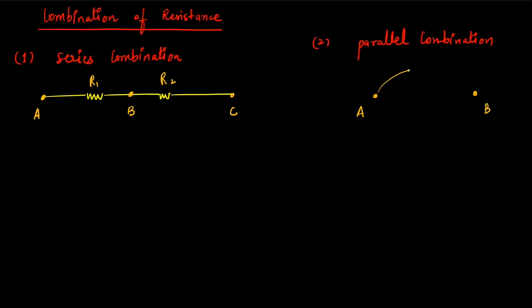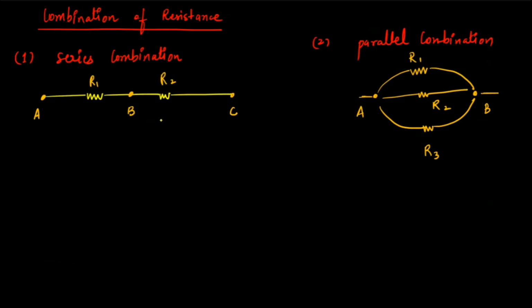Like for example, if we have this particular way in which the components are connected, suppose this is my one resistance, this is my another resistance, and apart from this, this is my another resistance. In all three resistances, what you'll observe is that the initial and the final points are common.